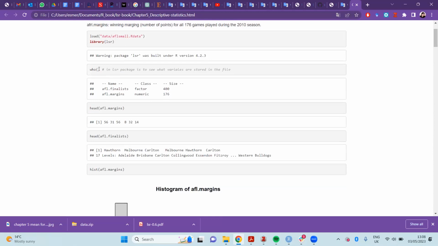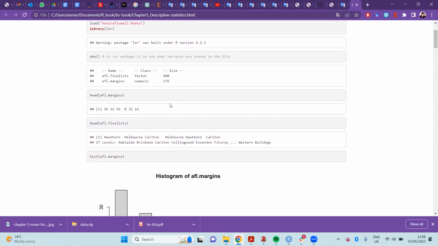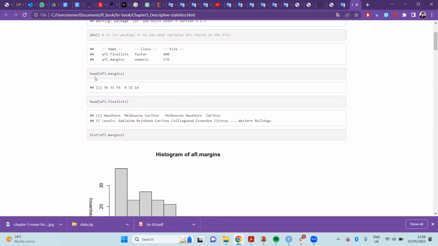This library contains a function that shows us the columns that each one of our data sets contains. With the function head, we start exploring what the data set contains.